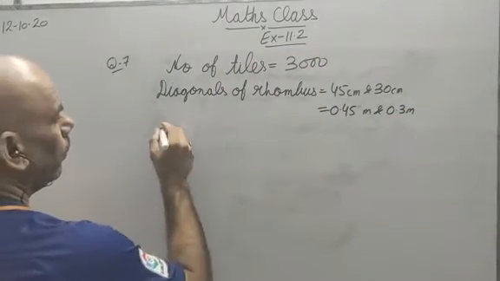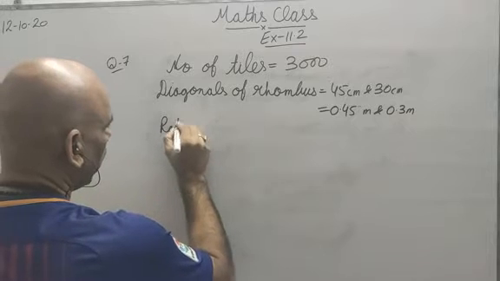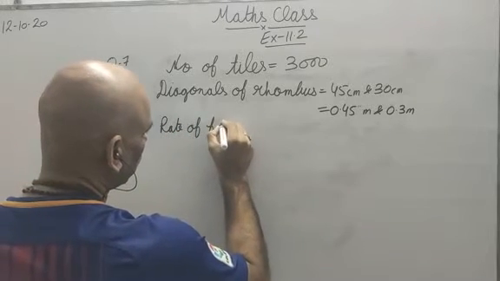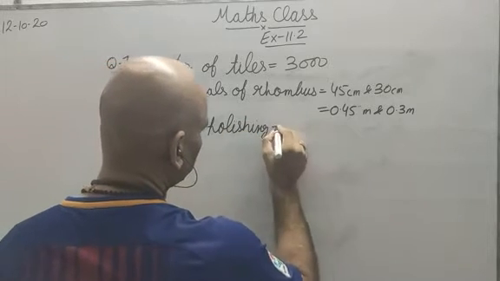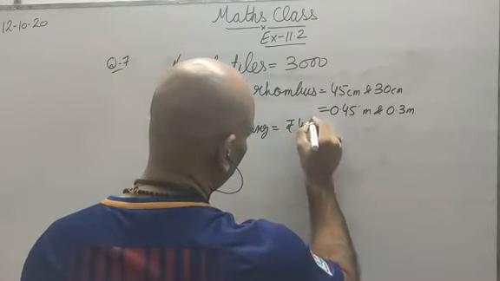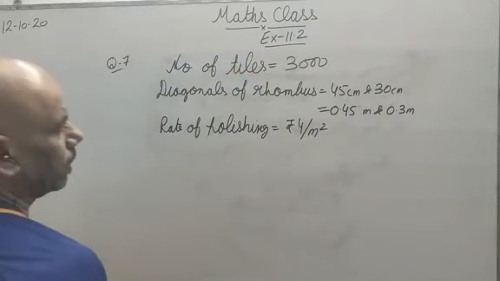Now what is the rate of polishing? The rate of polishing is rupees 4 per meter square.